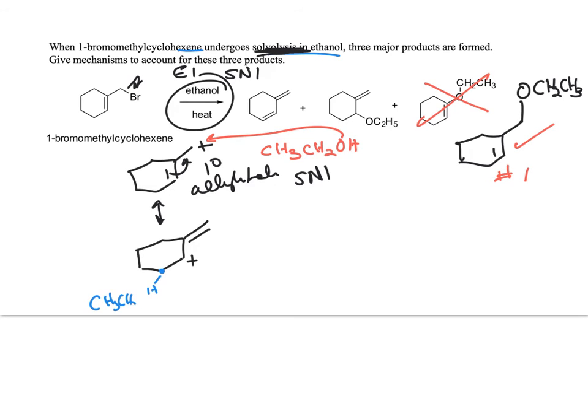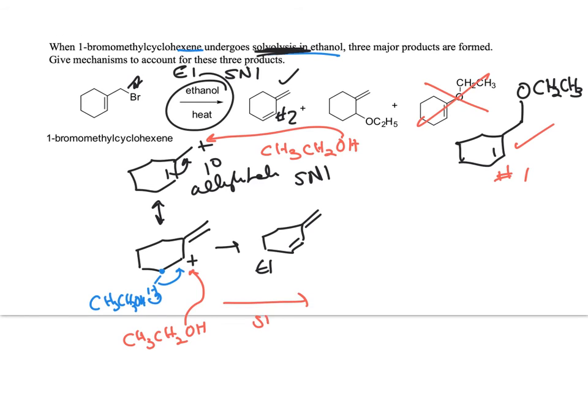So ethanol can abstract this hydrogen, and you would get the elimination product you see here. That would be an E1. Or you can get a substitution. So if the ethanol substitutes, that would be SN1 after the resonance stabilized structure. And that would be this product.